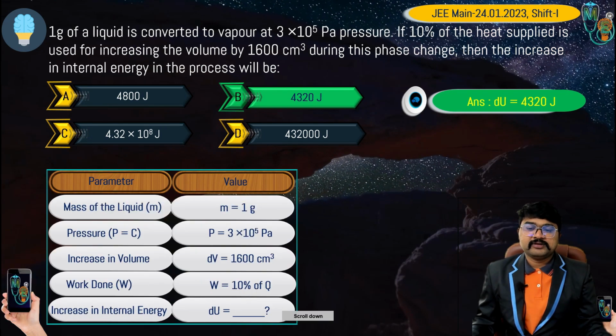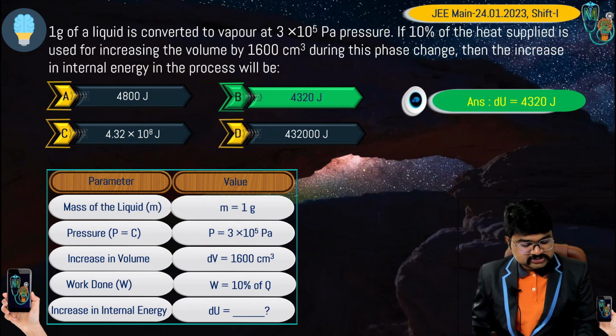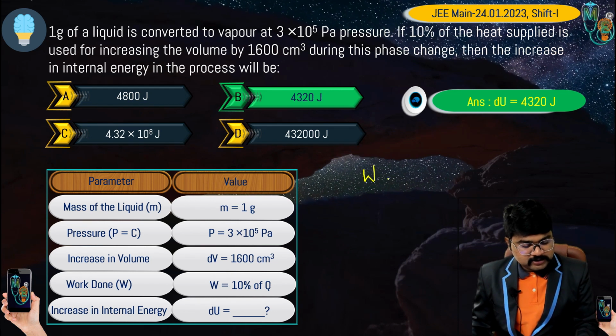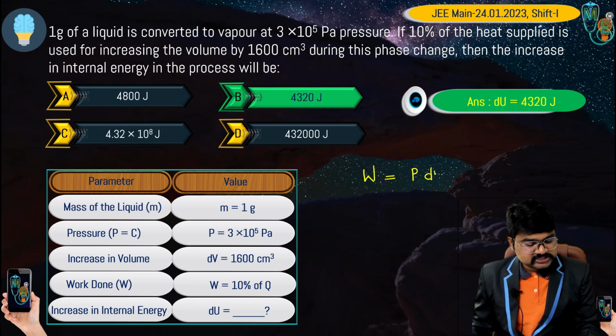Given data. What are the formulas used here? W equals PDV, pressure constant.